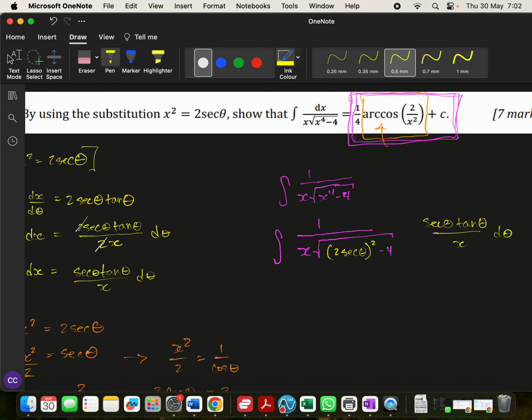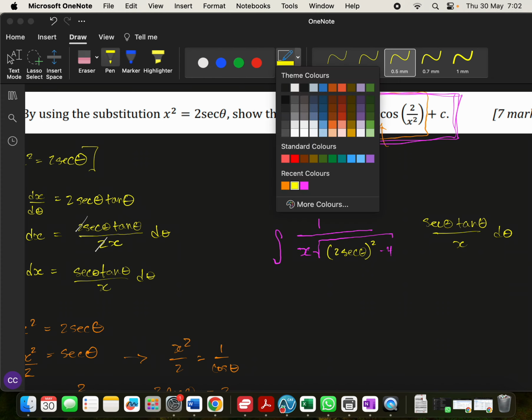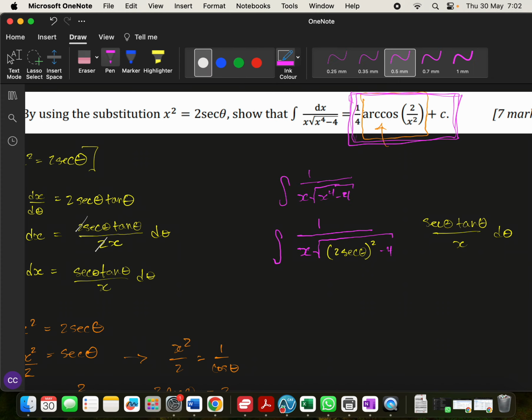All right, doing just a little bit of combination here. Let's get this all together. So this would give me the integral of 1 over x squared square root of 4 secant squared theta minus 4, and then that's going to be times secant theta tangent theta d theta, right? I just brought this x into here.